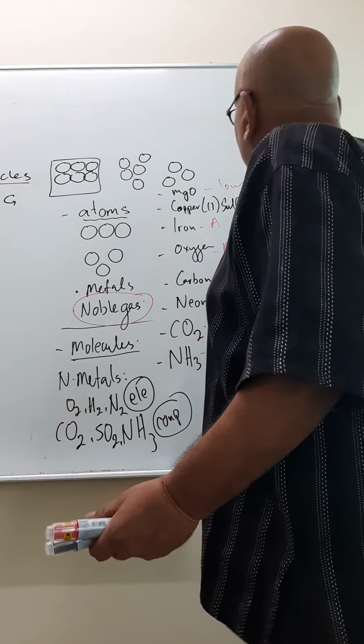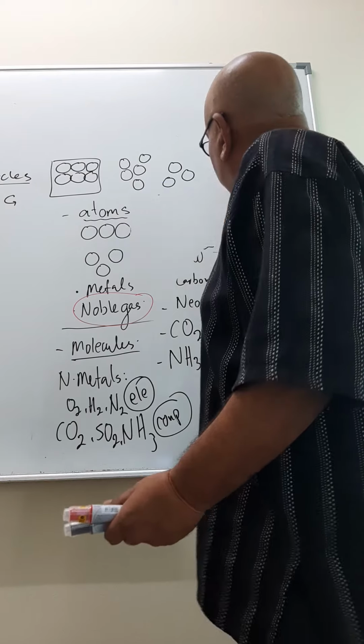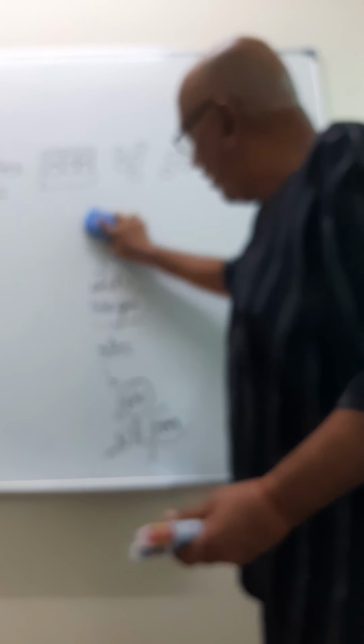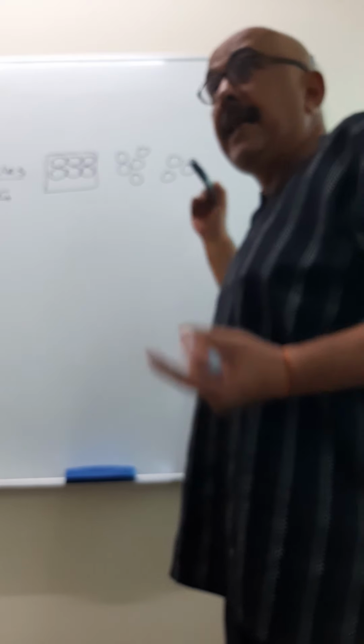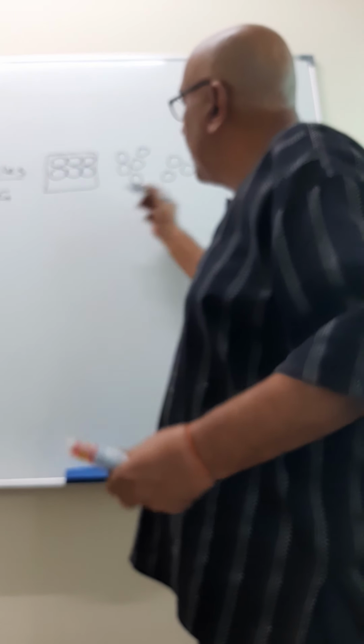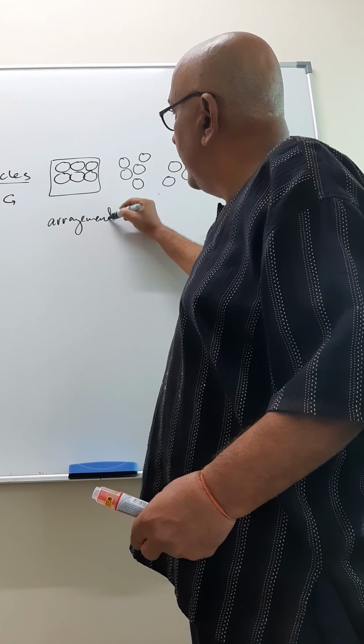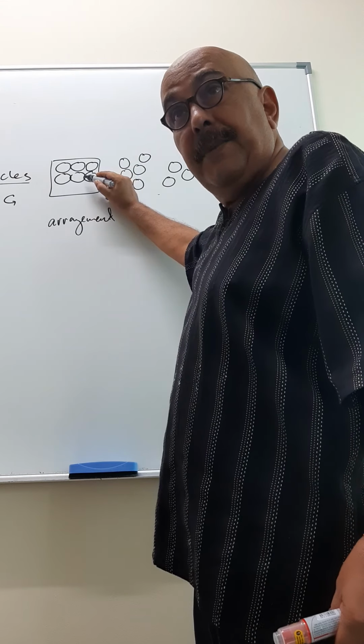Yes. Alright, the next part is to know about your solids, liquids and gases in terms of kinetic theory. The diagrams tell you everything. The diagrams tell you the arrangement. These are orderly and closely packed.